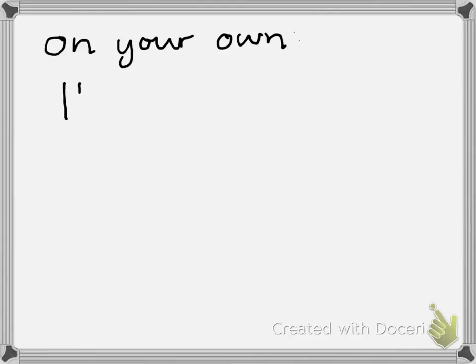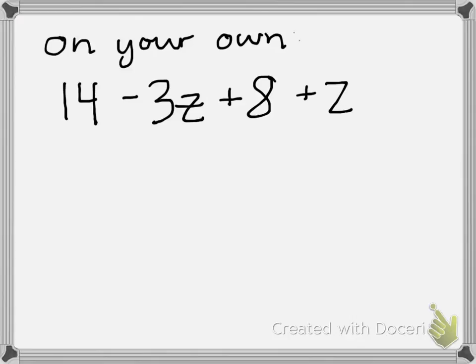You have 14 minus 3z plus 8 plus z. Okay, now remember, change it into a sum and use your commutative property and find the like terms. Now you can pause the video, solve it, and then play it again and I will show you the answer. Okay, good luck.